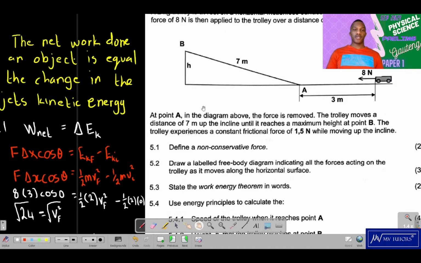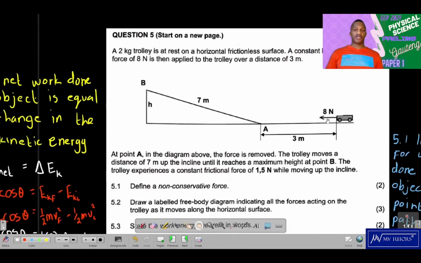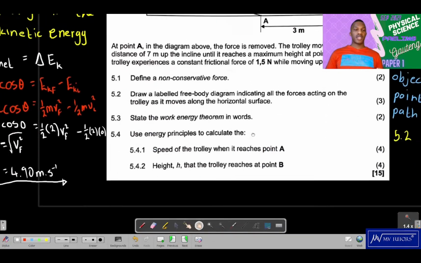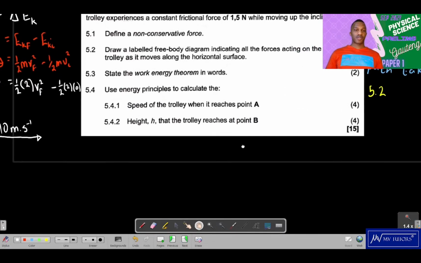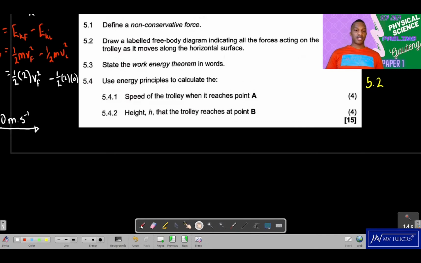There's the point B. So remember, non-conservative force, it depends on the path taken. So we took a straight path here, but now we're going on an incline. Okay, so the formulas will be different. The path is different.